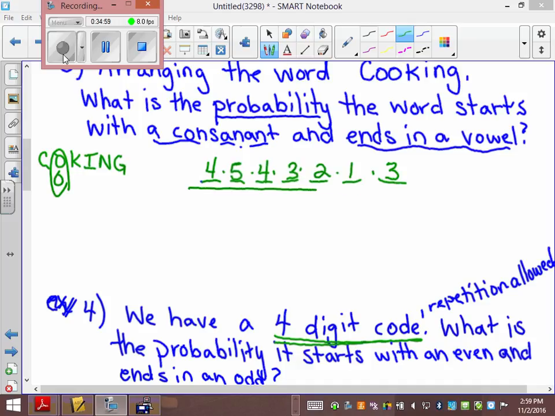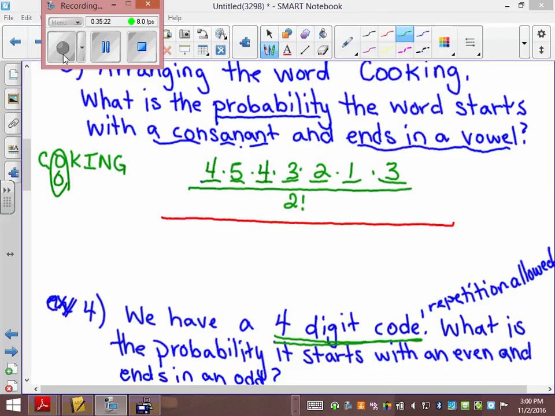But then you have to divide by 2 factorial because you always have to do that when the word has double ups or triple ups. That is just the top. That is literally the ways that you can rearrange this word when it's starting with a consonant and ending with a vowel. Then you have to divide by the total, no restrictions.